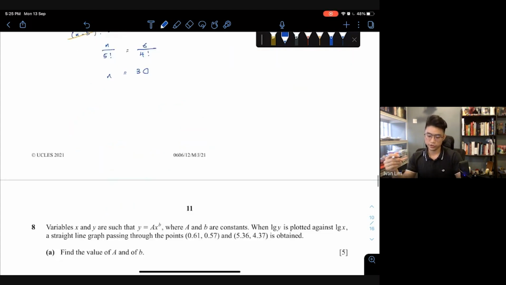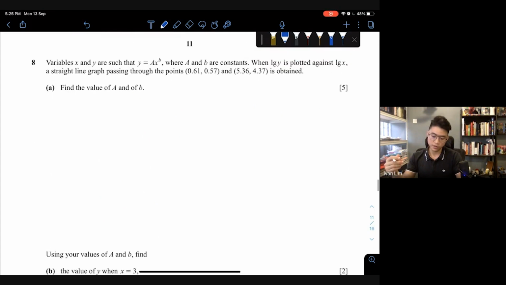Okay, let's move on to question 8a. Variables x and y are such that y equals a x to the power of b, where a and b are constants. When log y is plotted against log x, a straight line graph passing through the points (0.61, 0.57) and (5.36, 4.37) is obtained.